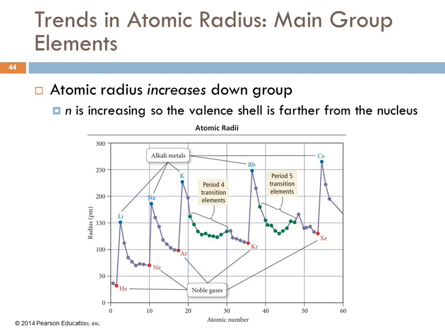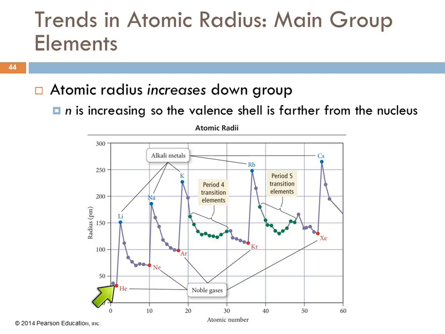There are trends among the main group elements, especially for atomic radius, and we need to know how this works. This is actually similar to a graph that I make some of my Chem 3A students graph. We give them a table and we make them graph this as just sort of an exercise. And at first, if you look at this without the lines connecting it, it's like, wow, that's just a big old mess. How do you make any sense out of that? But we see there is a pattern here.